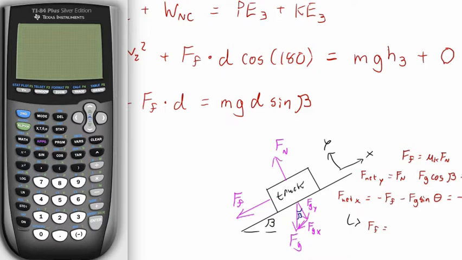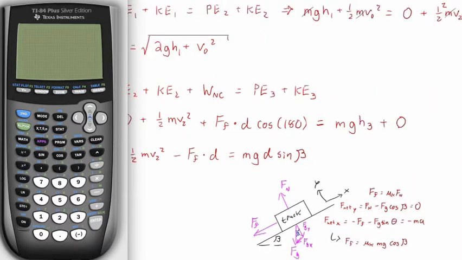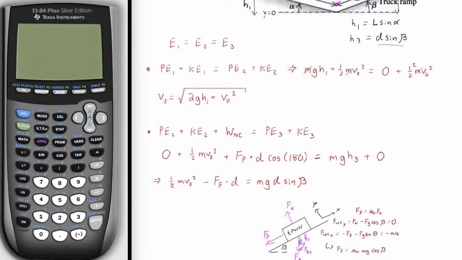I said equals. In reality, it's minus. But then it does show that they are equal to each other. So that's mu k mg for Fg, and then cosine beta. That's our friction force, and we can go back up to our expression for energy and wrap it up.